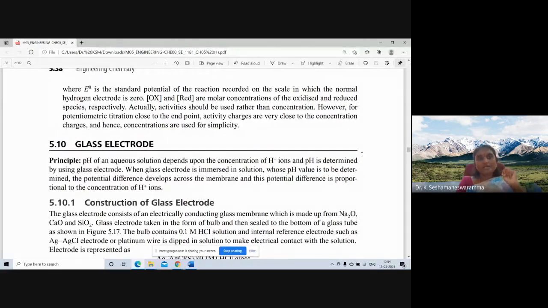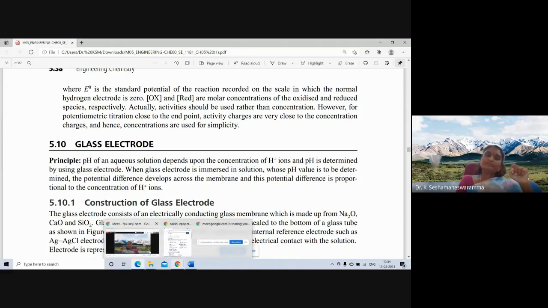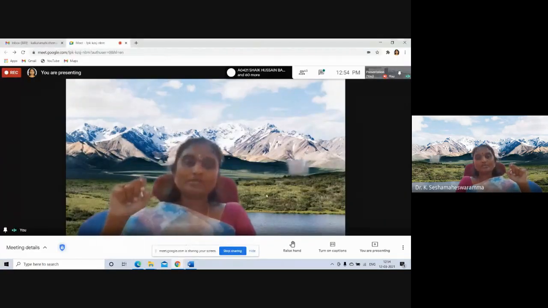The glass electrode potential mainly develops across the membrane. It depends on the potential difference between the known and the unknown solutions.